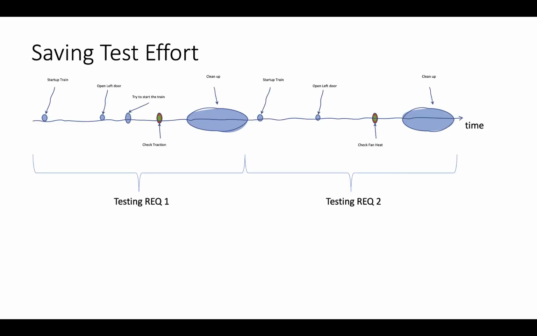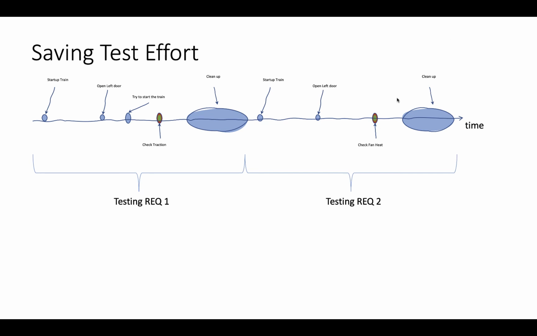To understand that, let's put both requirements on a timeline and see if we can do this more efficiently. As you see in the figure here, test cases are often executed one after another. So to the left, we find the test for the first requirement, and to the right, we see the test for the second requirement.